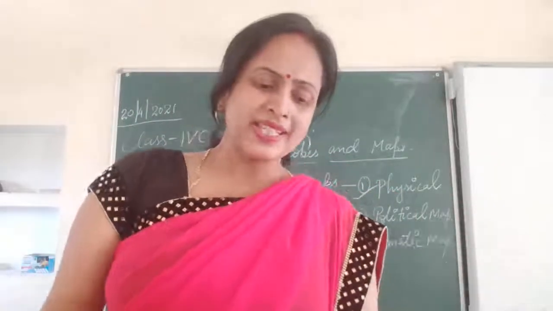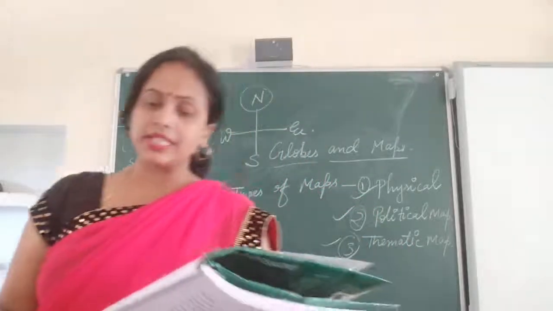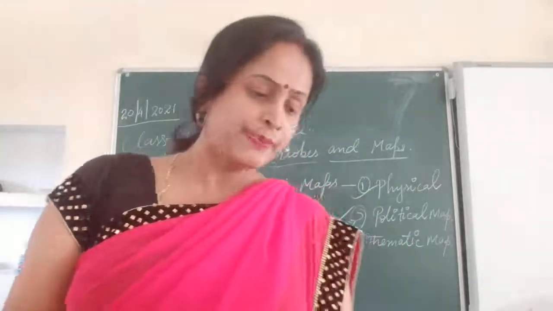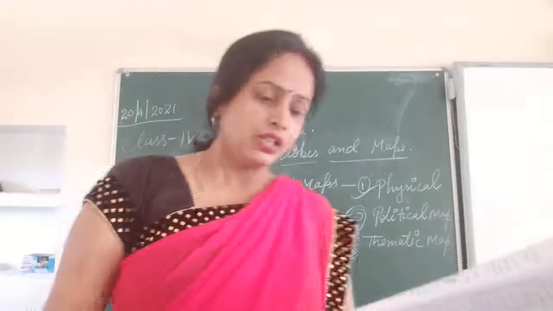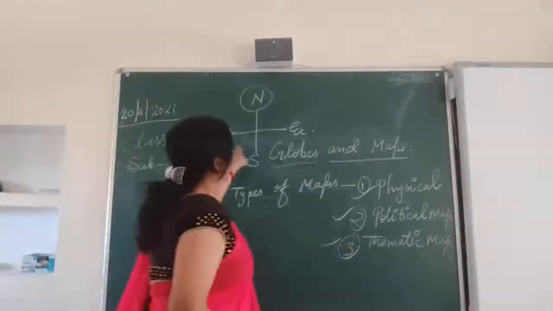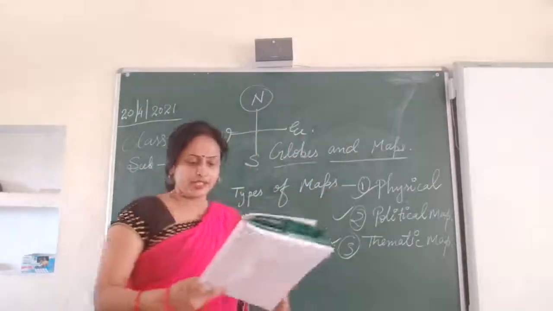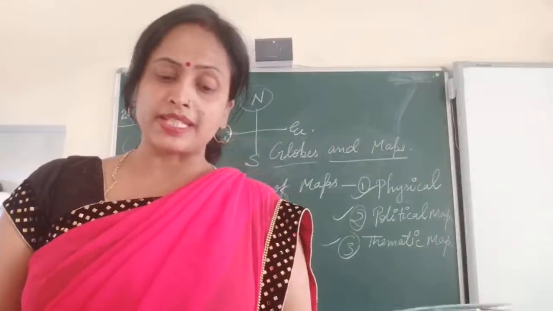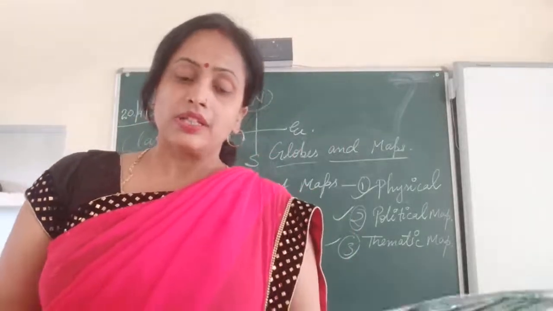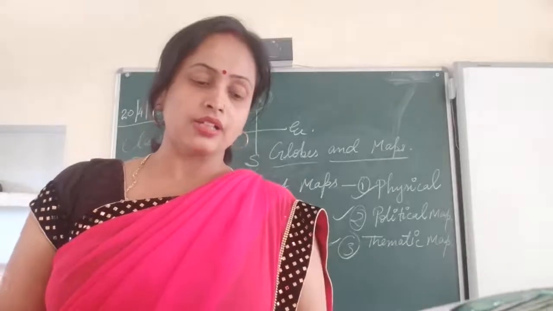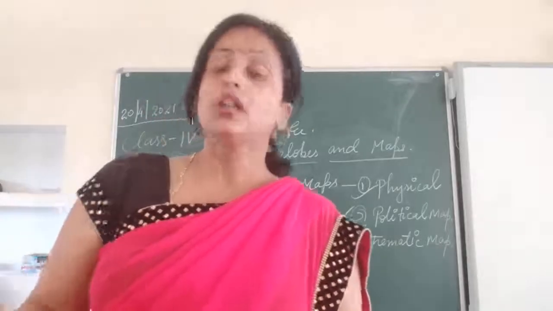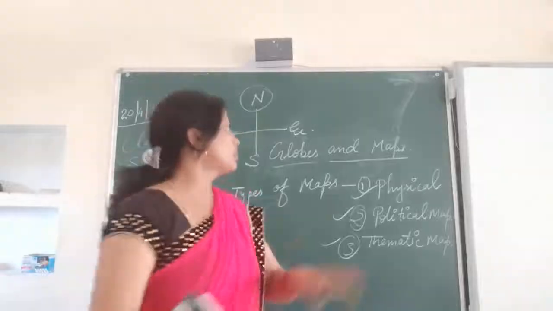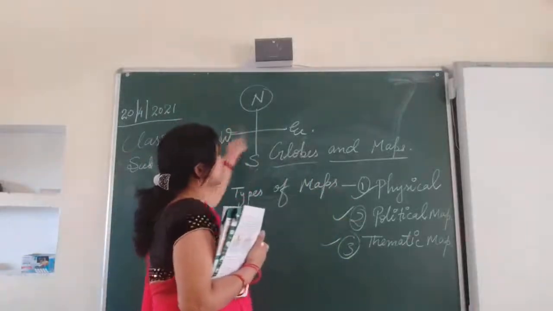Now the south is exactly opposite of the north, and the east is to its right and the west to its left. Here you can see the east is opposite of the west, isn't it? Now the north, south, east, west are the four main directions. What are the four directions? North, south, west, east.